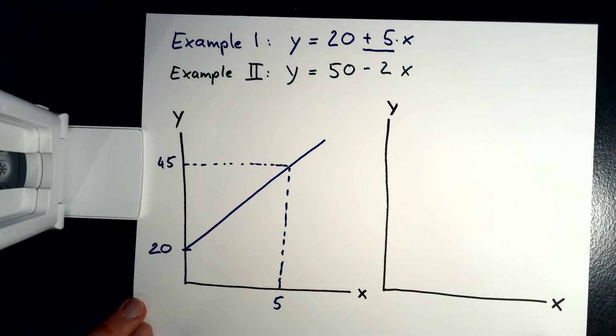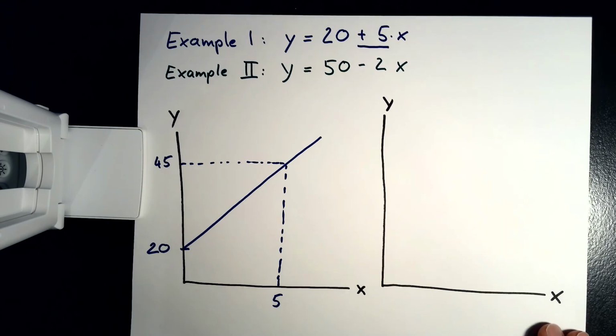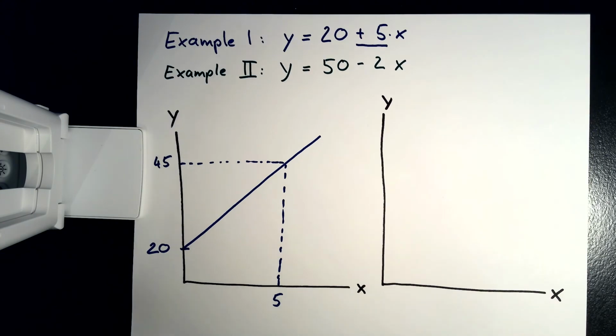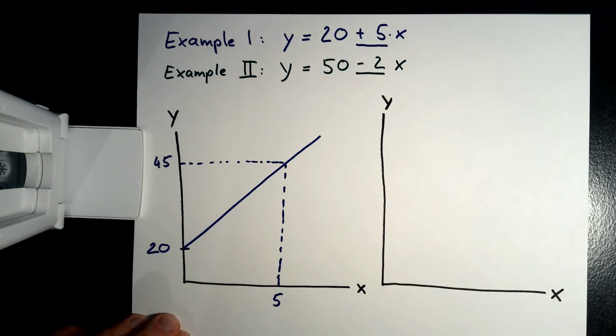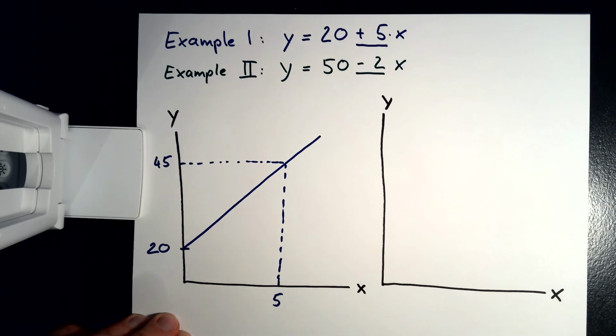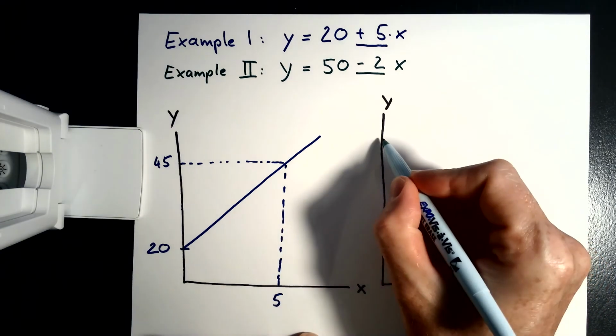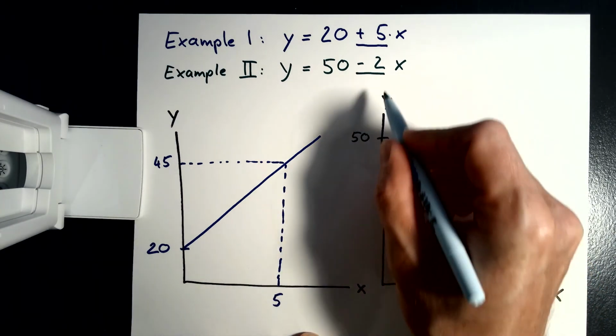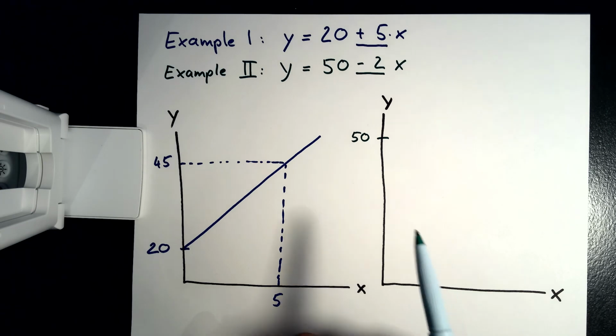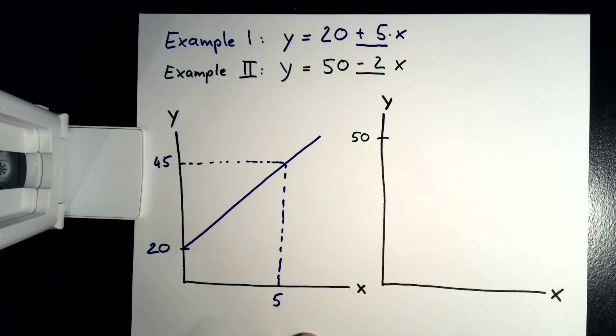Okay. Now, when we look at the second example, then here we have an intercept of 50, and the slope parameter is negative, with minus 2, which means that the intercept starts at 50. And since the slope is negative, this means if x gets bigger, y gets smaller.